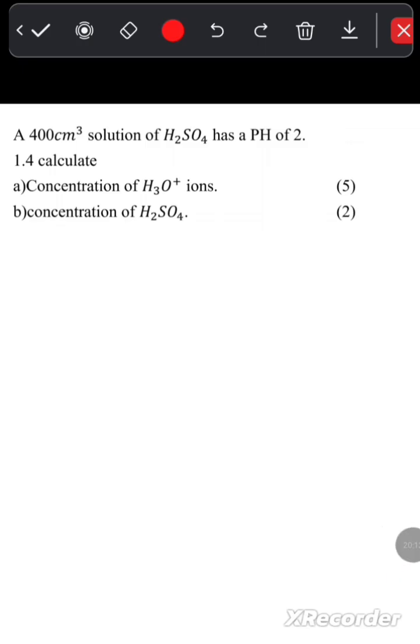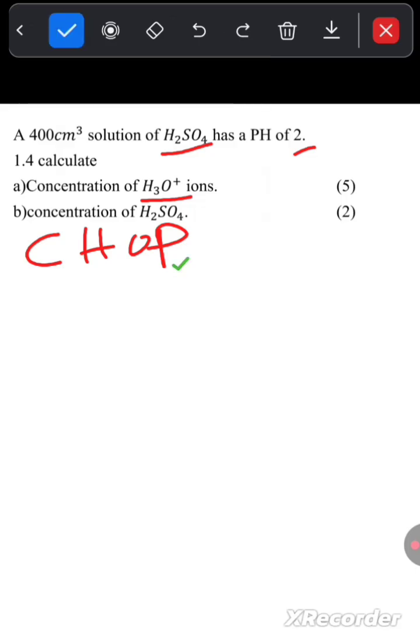Okay, this one, how do we do it? We say 400 cubic centimeters of sulfuric acid solution has a pH of 2. Calculate the concentration of hydronium ions. Okay, so we know this is an acid, so we use CHOP. We already have the pH, so ours is to get there.